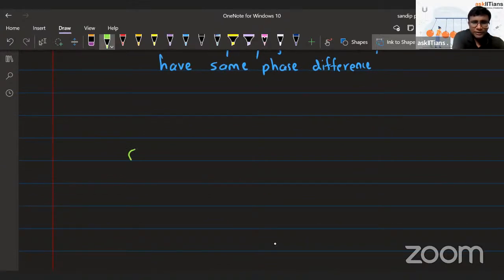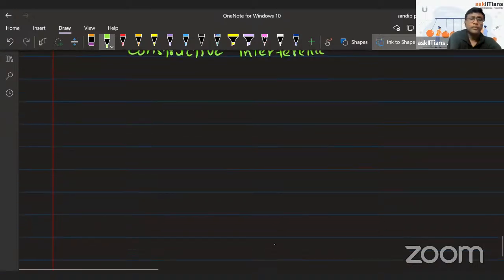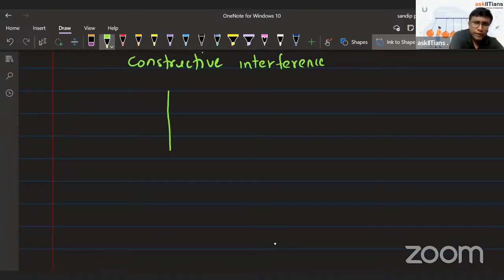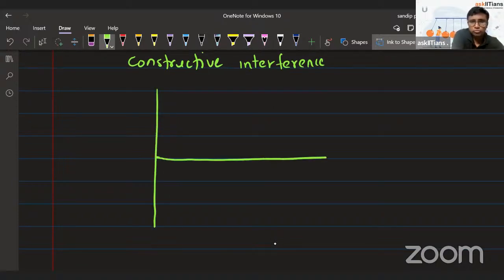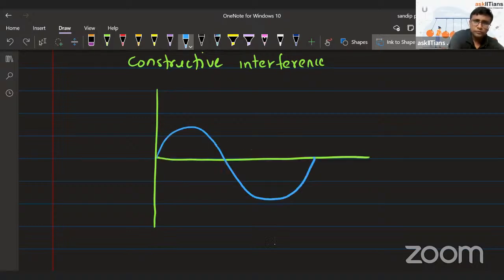So let's try to understand constructive interference, or the maxima as you can also call it. Consider there are two waves like this. First one is like this, and second one is like this.